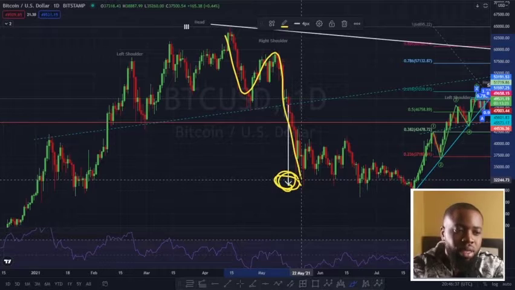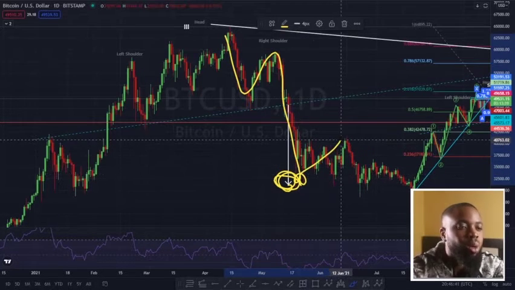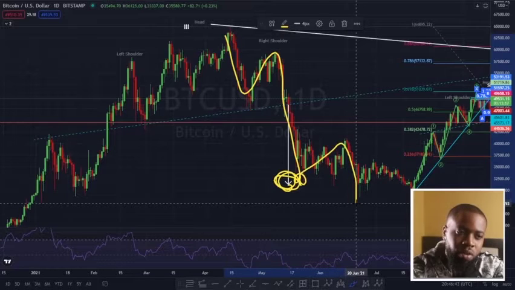So this was the wave 3. The target of the head and shoulder gave us our wave 3. Then we went up for a wave 4 and then came down for a wave 5.